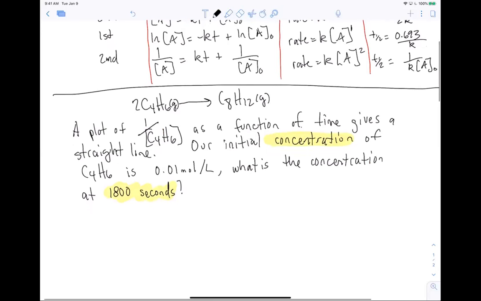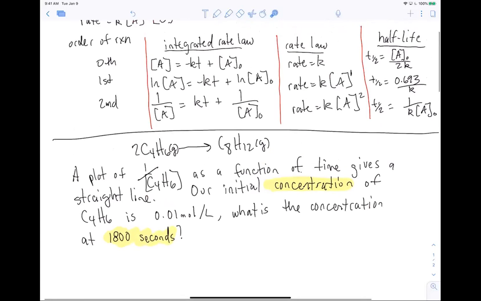Then we need to figure out the order of the reaction, and that's what this first part is telling us. We took the reciprocal of the concentration of C4H6, plotted it as a function of time, and it gave us a straight line.